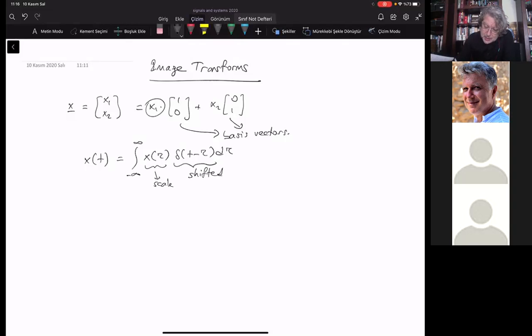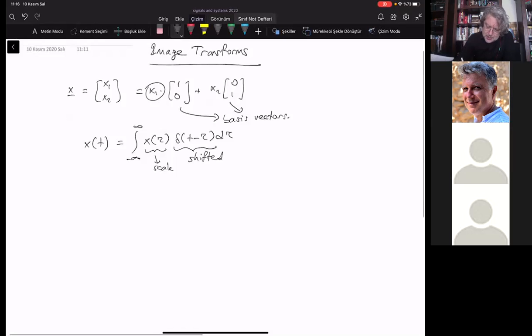It's like this x1. x1 is a number, and x of tau is a number that changes for every tau. And by scaling delta of t minus tau with that number and linearly combining in the form of an integration, if it is discrete, then it would be a summation. This would be my representation.